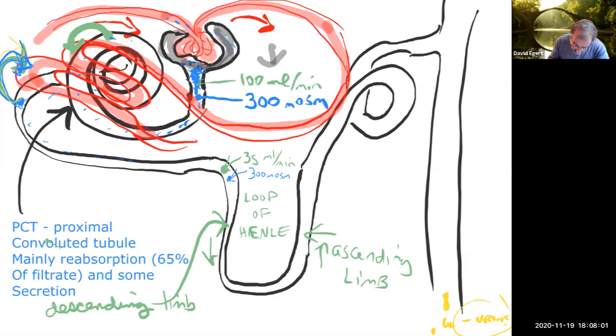Descending limb. Permeable to water. So water can cross in and out. Not permeable to salt, or to solutes, I should say.